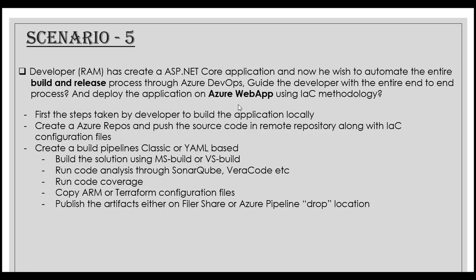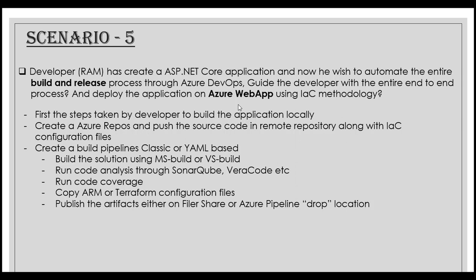Okay. Then the next task would be, we'll copy the ARM or Terraform configuration files. If it's an ARM template, then we'll copy the JSON file, and if it's Terraform, we'll copy the .tf file. So we'll have a copy task as well in my build pipeline, and later we'll publish the artifact.